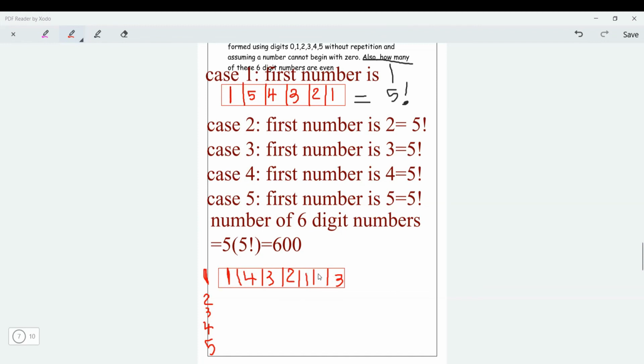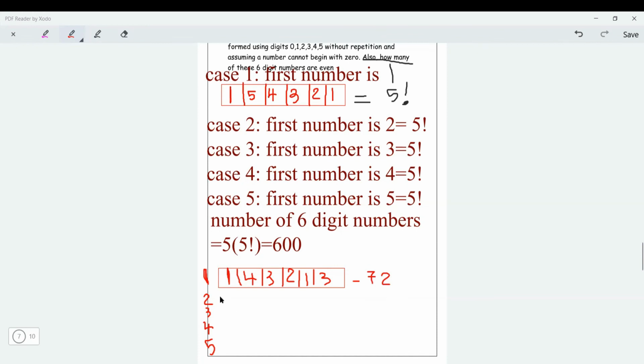So the number of even numbers when it starts with 1 works out to be 3 times 4 is 12, times 3 is 36, times 2 is 72. That's the number of even numbers that can be formed when the first number is 1.